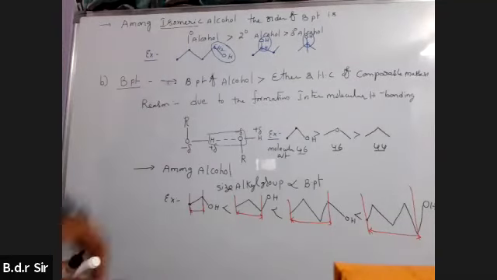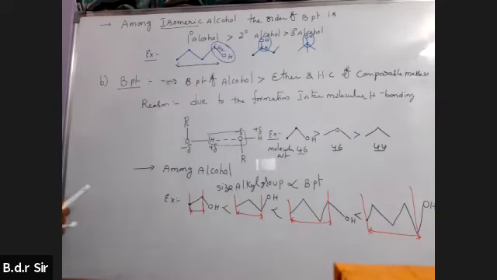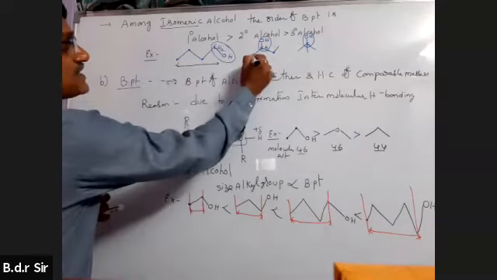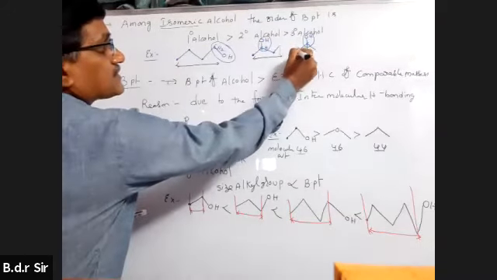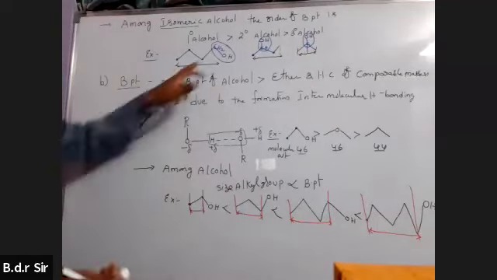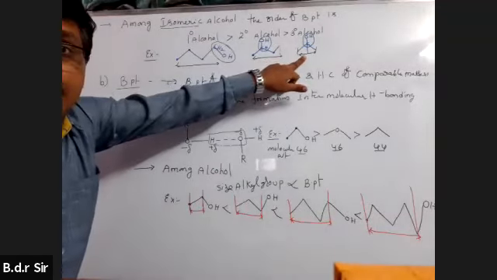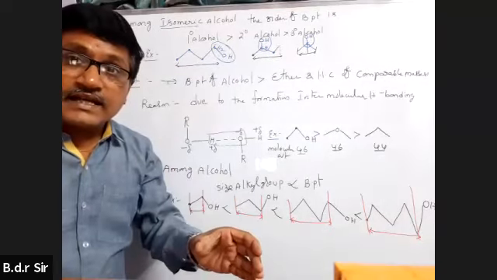In primary, observe the surface area. This is the surface area. Here surface area. Here this is the surface area. If the number of branches increases, surface area decreases.